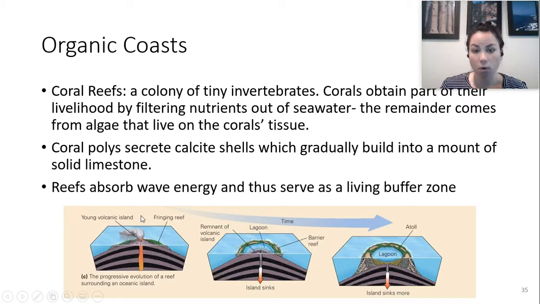Reefs absorb the wave energy and therefore serve as a buffer zone for the coastline. Here's an example of a coral reef that creates a lagoon, and the water inside of this lagoon would be quite protected because the coral reef absorbs all of that wave energy.